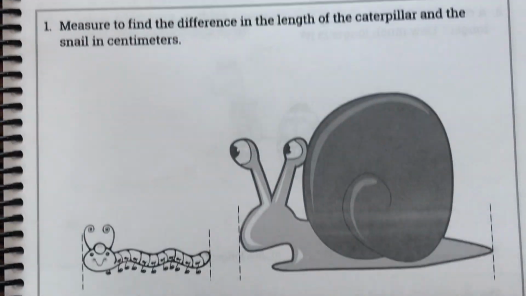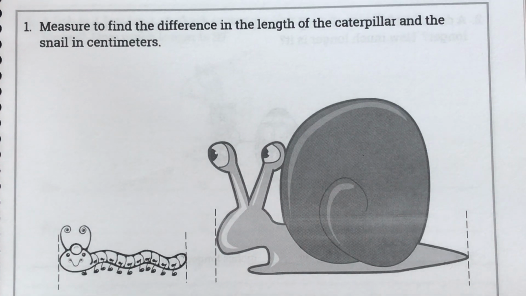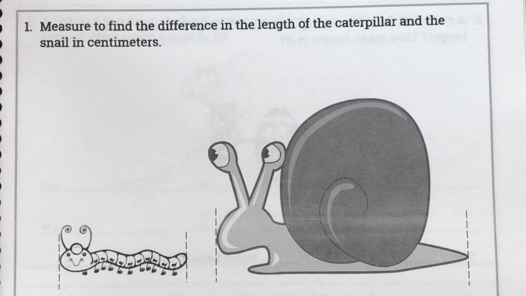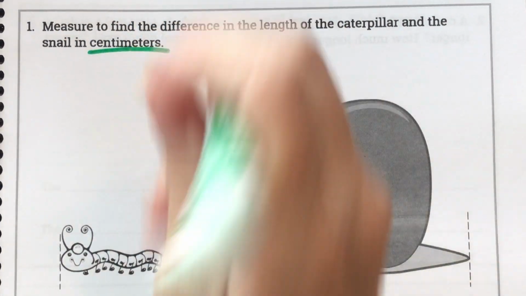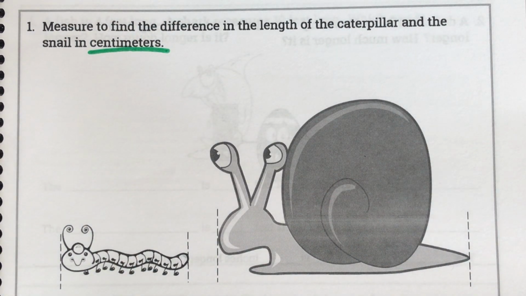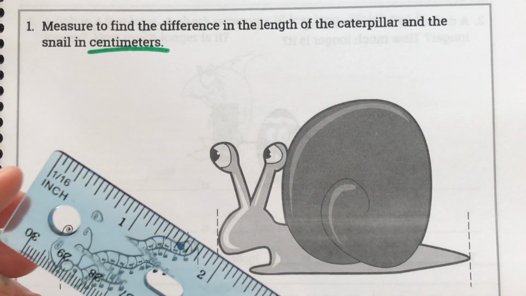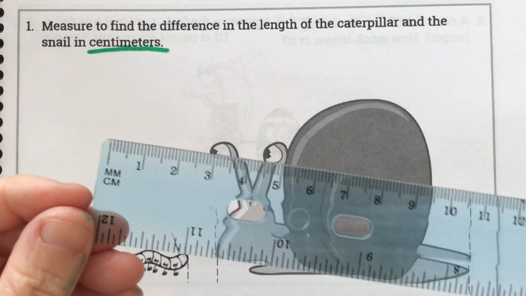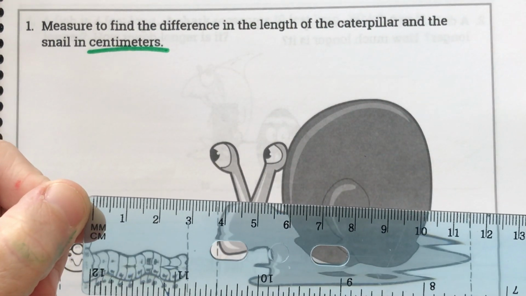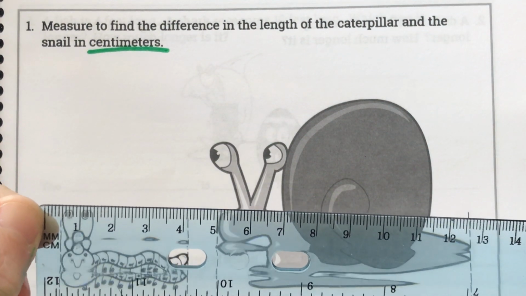Okay, ready? So here is our first problem. It says, measure to find the difference in length of the caterpillar and the snail in centimeters. Okay, so this time they didn't give it to us. We need to use our ruler, and we're on the centimeter side. So remember, I use our dash, and we need to first measure.